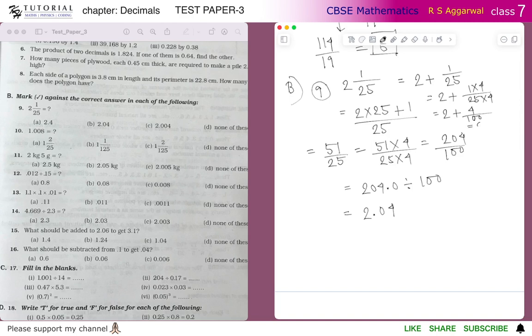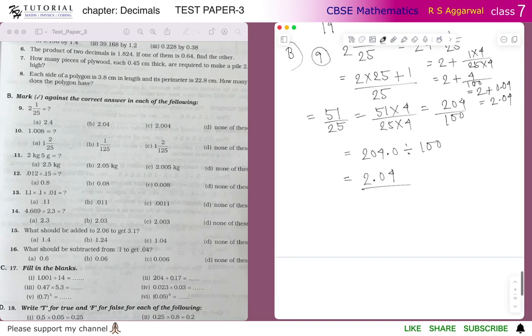When you divide 4 by 100, it is 0.04. So this was 2.04, same answer. So this is the result. So the answer is choice B.